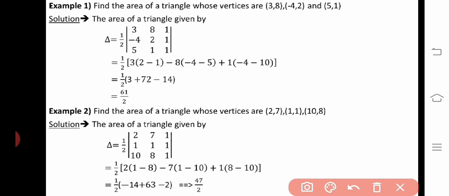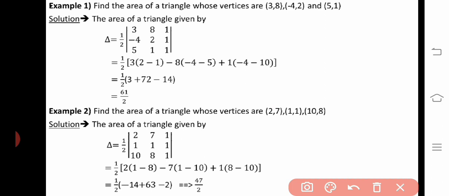Let us start the solution. We know the area of a triangle is given by the determinant equals 1 by 2 into determinant. x1 is 2, x2 is 1, x3 is 10. You write column wise. Then y1 is 7, y2 is 1, y3 is 8. Then the third column 1 1 1. Now simplify by the first row.